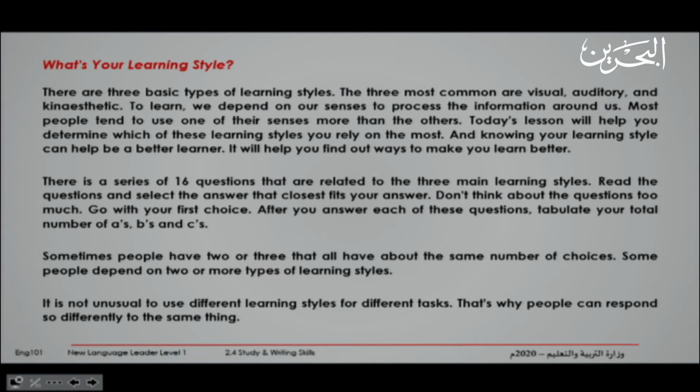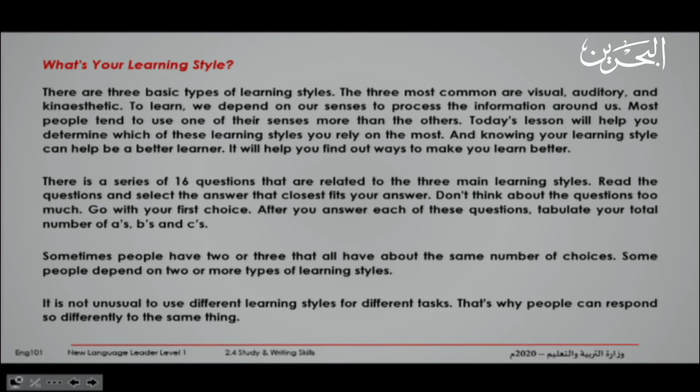There is a series of 16 questions that are related to the 3 main learning styles. Read the questions and select the answer that most closely fits. Don't think about the question too much. Go with your first choice. After you answer each of these questions, tabulate your total number of A's, B's, and C's.